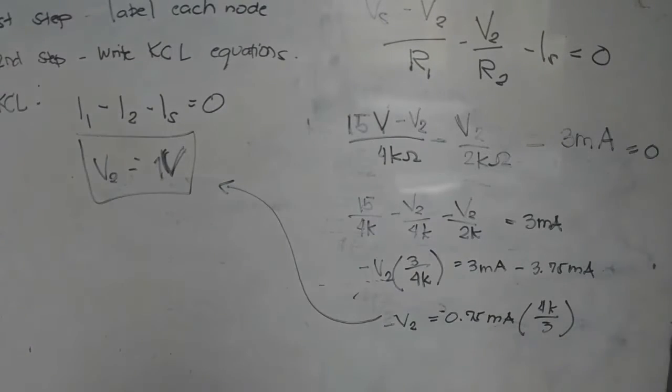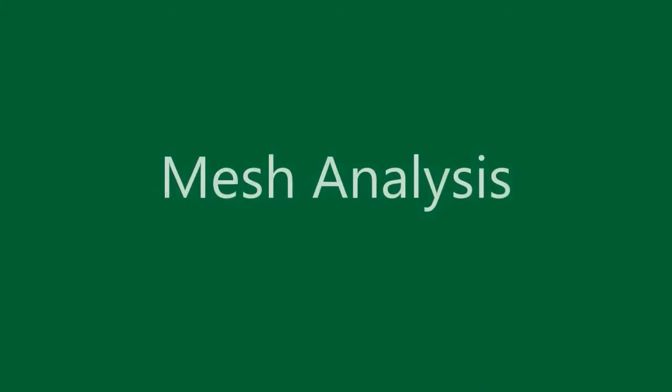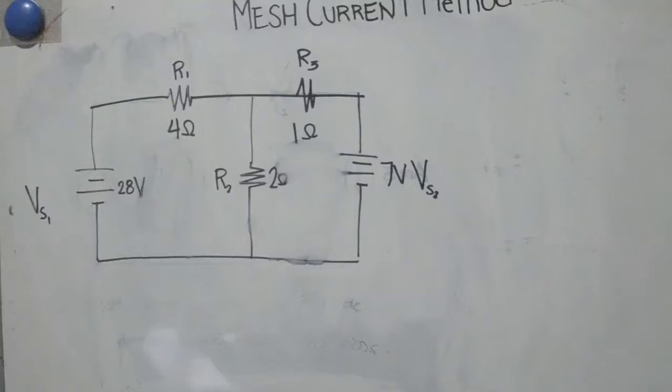The voltage across V2 is equal to 1 volt. That's it for nodal voltage method, and now, we will proceed to mesh current method and analysis.